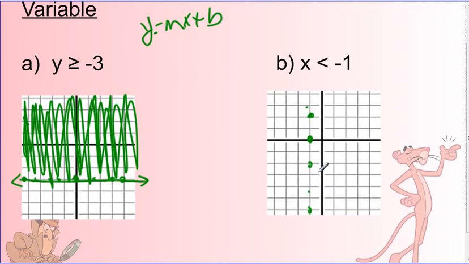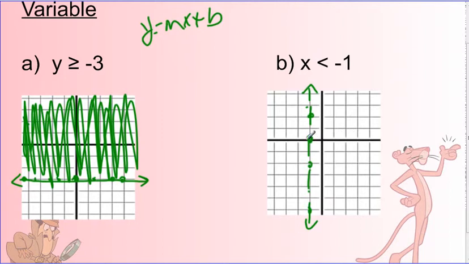Okay? Do we need a hollow line or a solid line at negative 1? Well, we need a hollow line. And then which direction would we shade? Would we shade less than it, because like negative 3 is less than negative 1, or would we shade bigger?